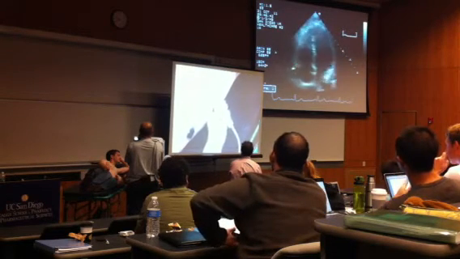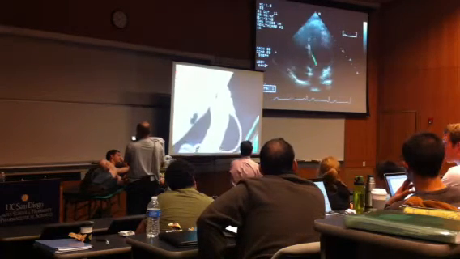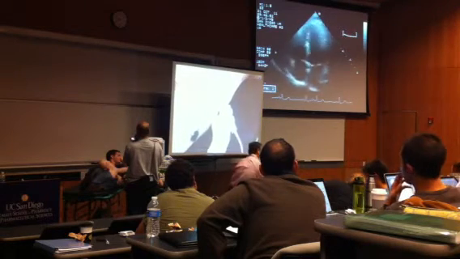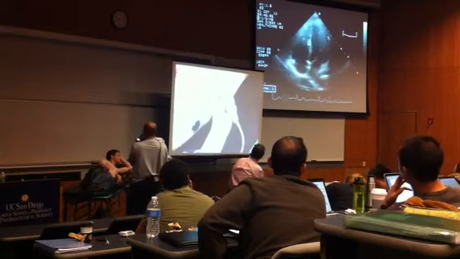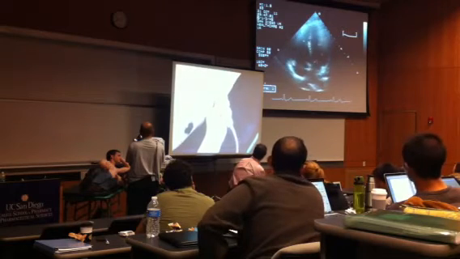Here's our tricuspid valve. The tricuspid valve is always a little more apical compared to the mitral valve. If someone has a congenital abnormality where the right heart is on the left side, we denote what chamber it is by where that valve is.